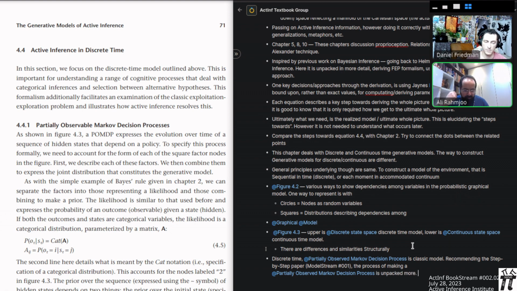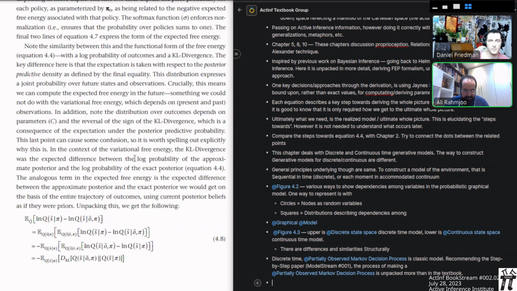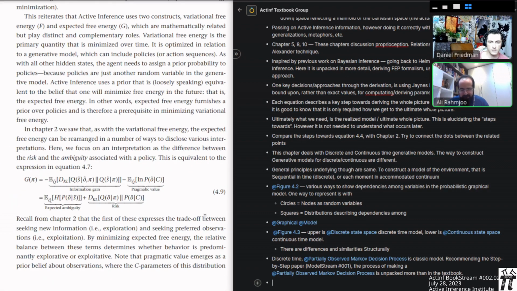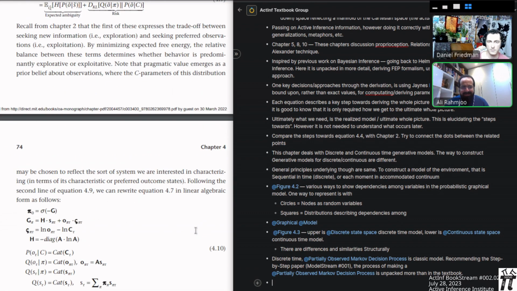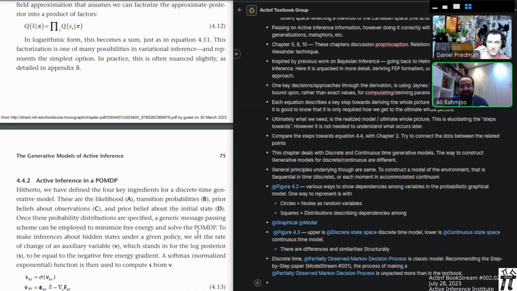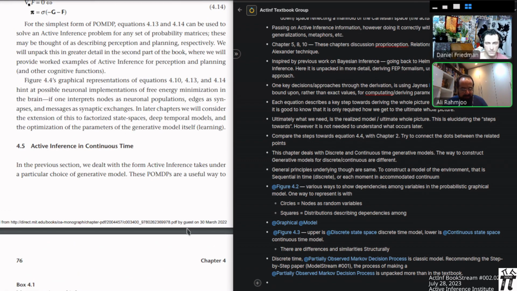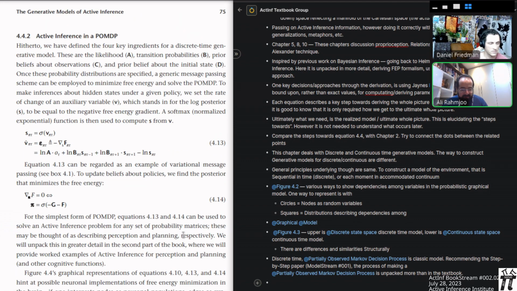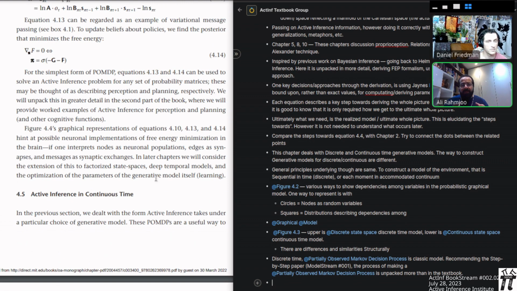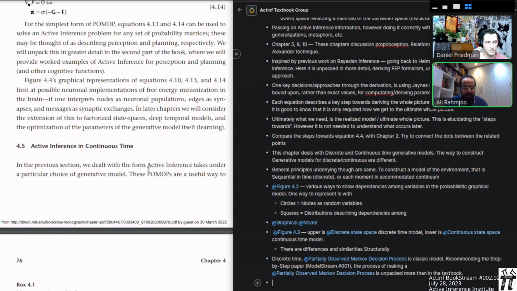So yeah, I don't know how much detail we should go into, because although it's maybe not detailed enough for some tastes, it goes into quite extensive detail about how we can construct these models using the concepts we've learned in previous chapters.